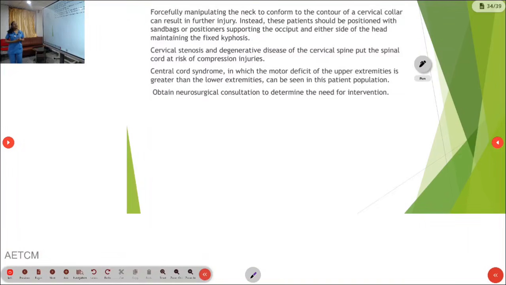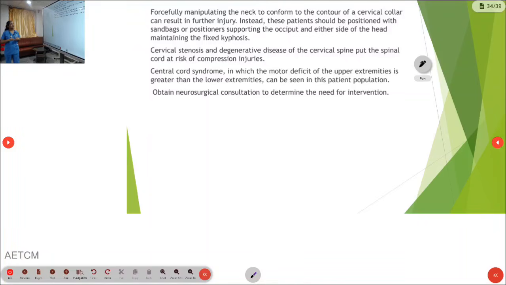Forceful manipulation of the neck into the cervical collar can also result in injury. So, the C-spine can be stabilized or positioned by using sandbags or positioners, supporting the occiput on either side of the head in case of fixed kyphosis.